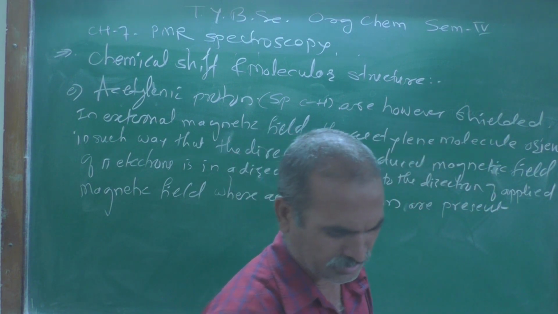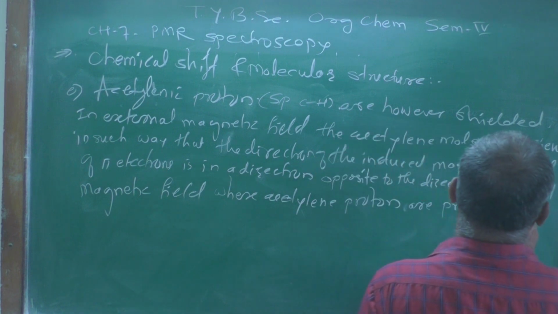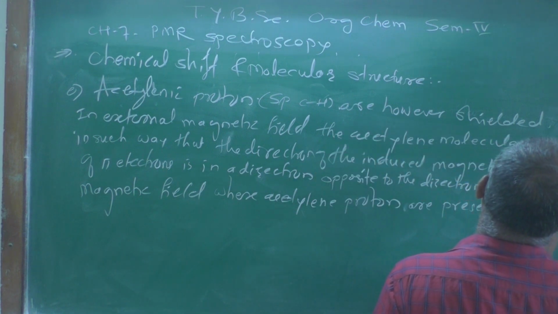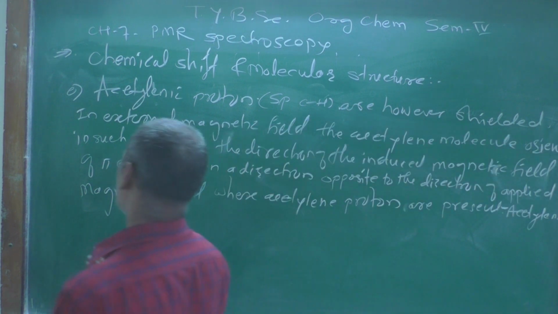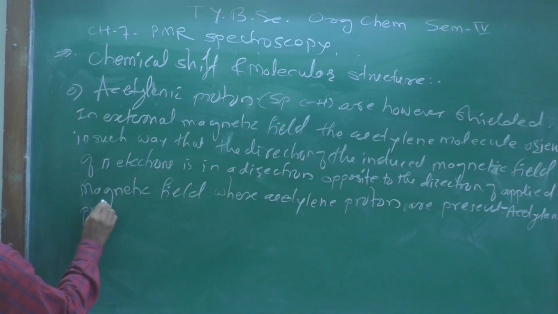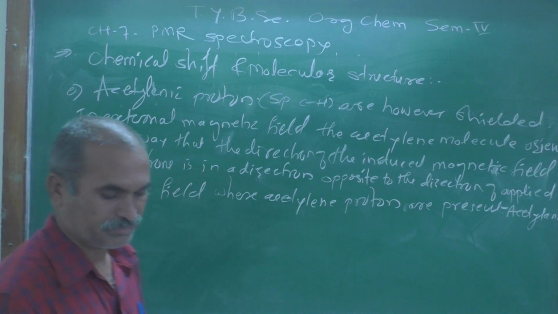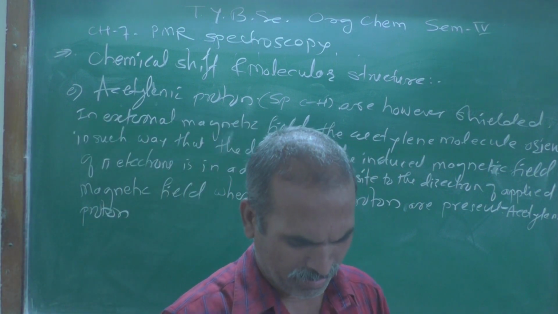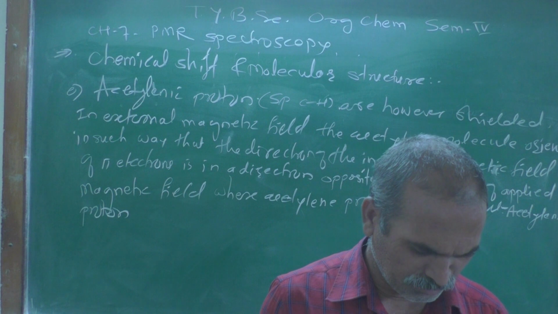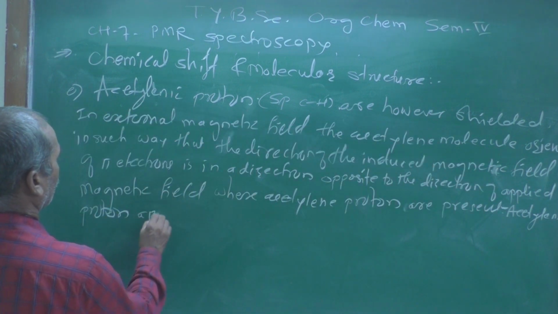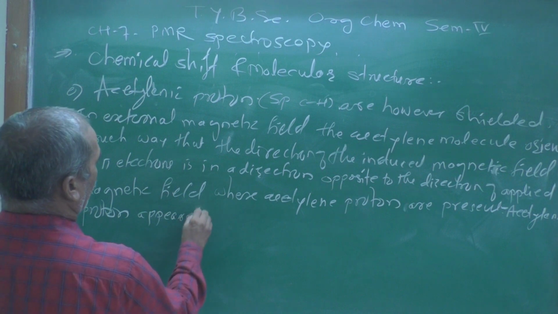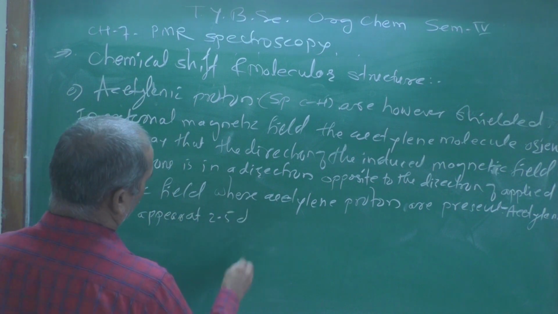The acetylenic proton appears at 2.5 delta.